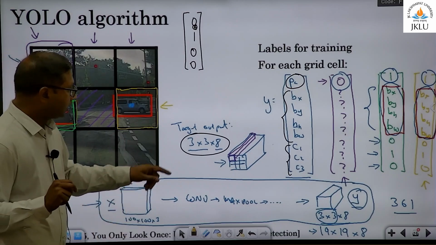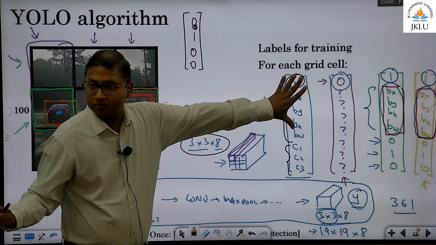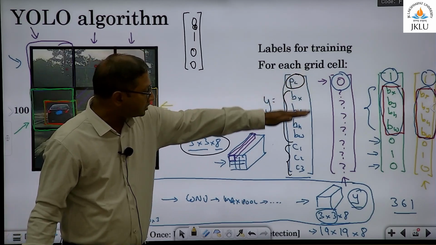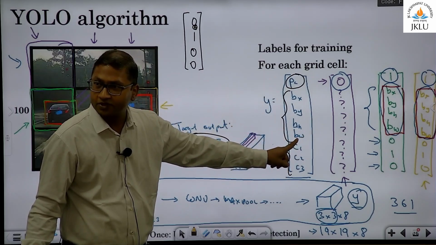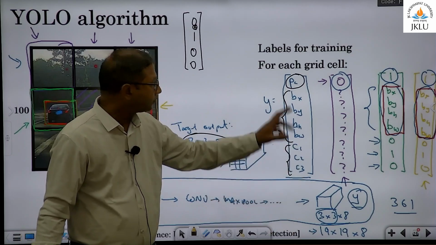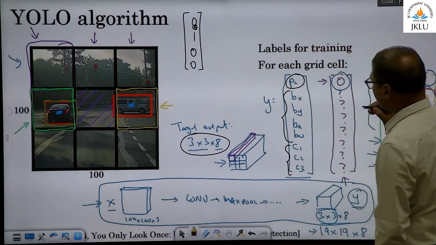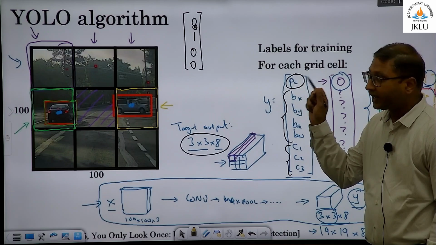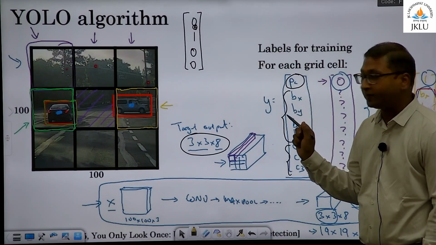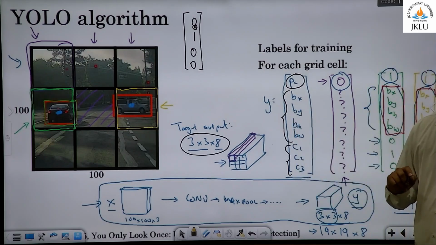If I have 10 classes, these 5 remain the same. So the number of classes doesn't change them. You will have C1 to C10, so you will have 15 here, okay, and so on. Now when I have an object there, it makes sense for me to output the bounding box and the classes.